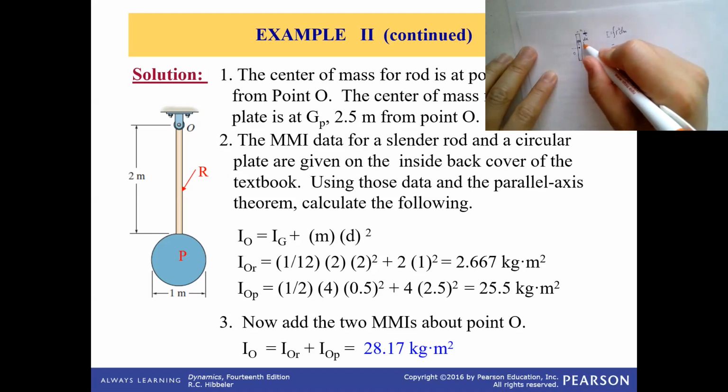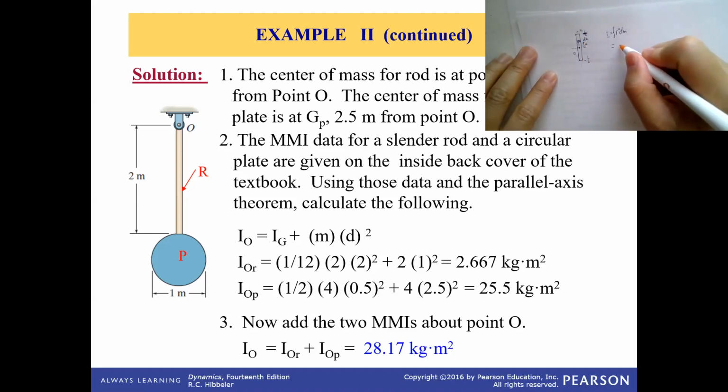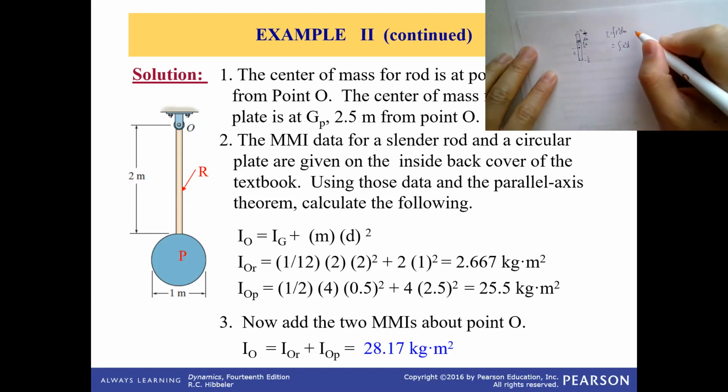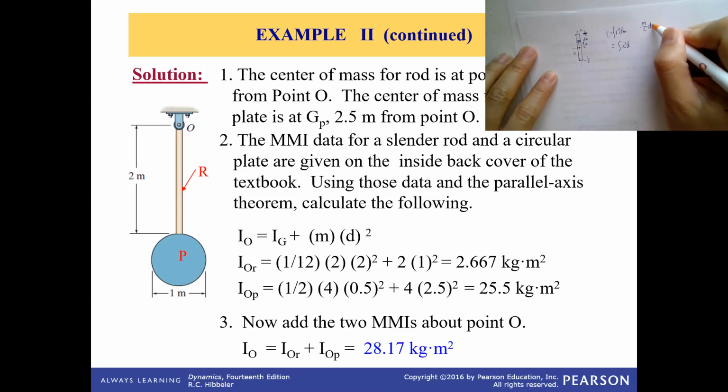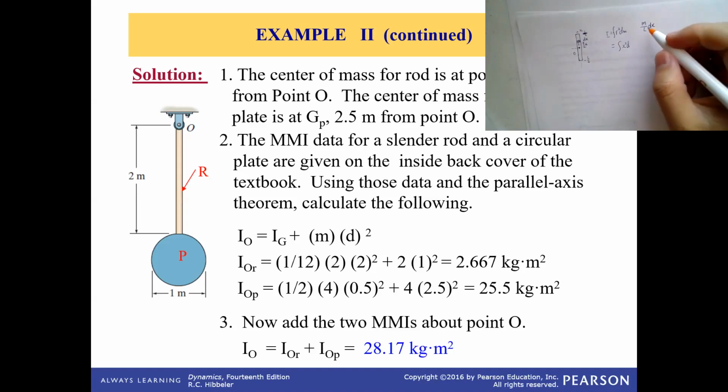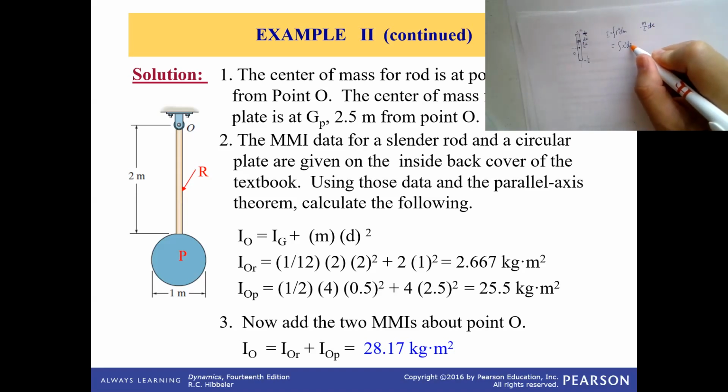R is always going to be x, so it's x squared dm. dm is equal to the mass of the rod divided by the length times dx, the linear mass density times the length, so dx times m over L. Integrating x squared gives you 1/3 x cubed.